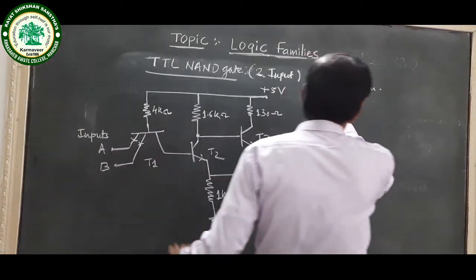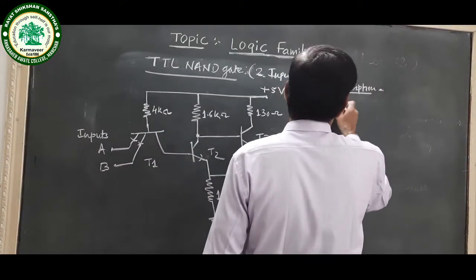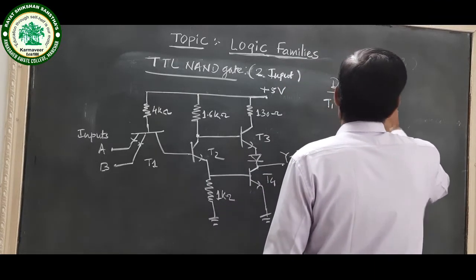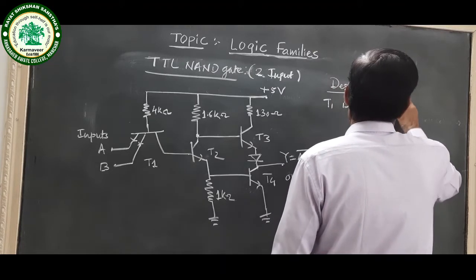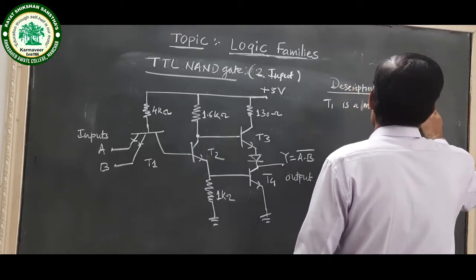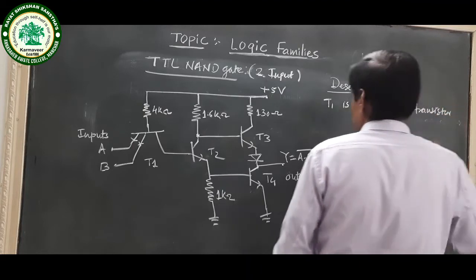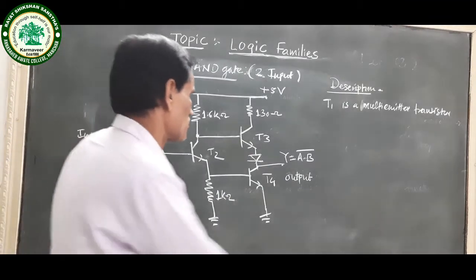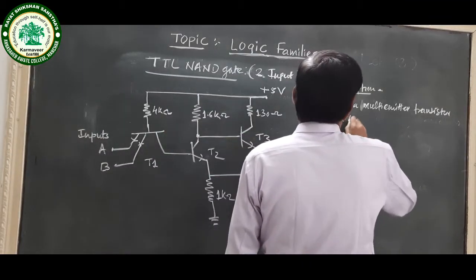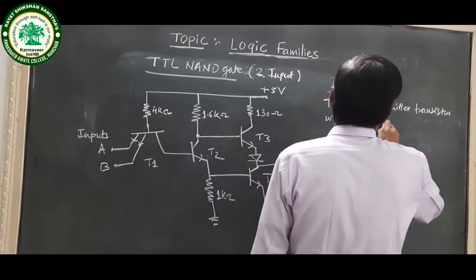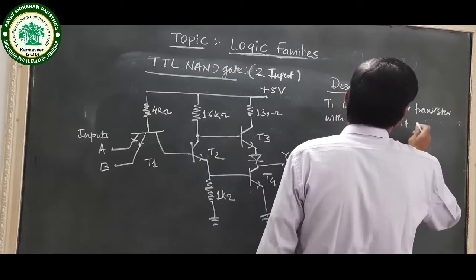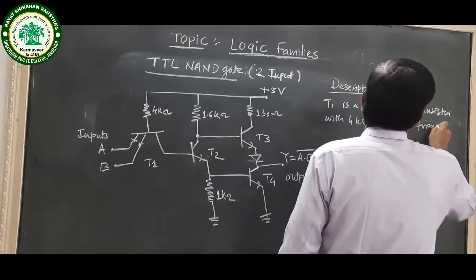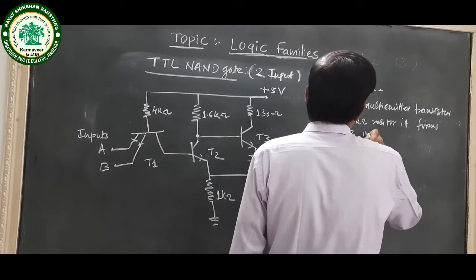As far as the description is concerned, T1 is a multi-emitter transistor which, with the 4 kilo ohm resistor, forms a two-input AND gate.